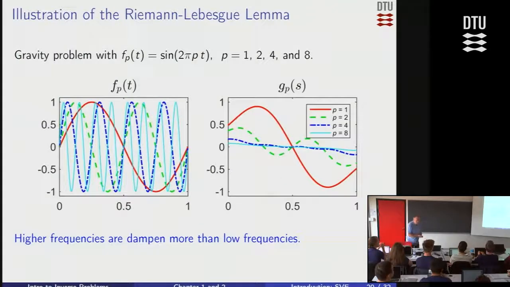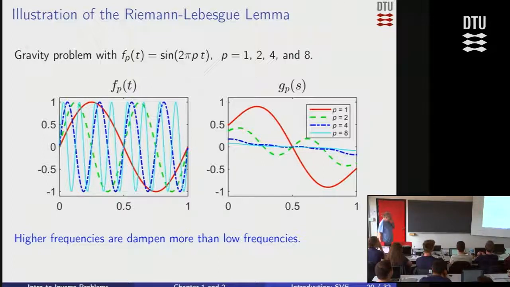So let's look at a numerical example. Again, that's the function we are looking at. On the left, we have f_p for p equal to 1, 2, 4, and 8, and you can see higher and higher frequencies in there. On the right, you have the corresponding g's for a particular choice of k.